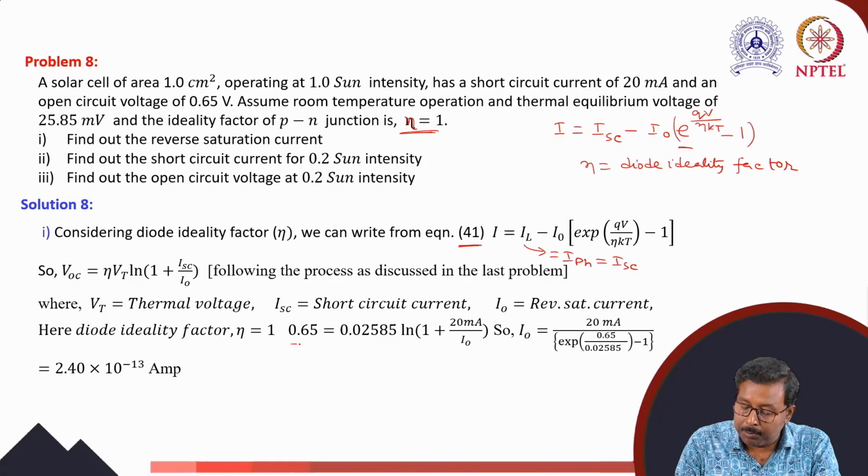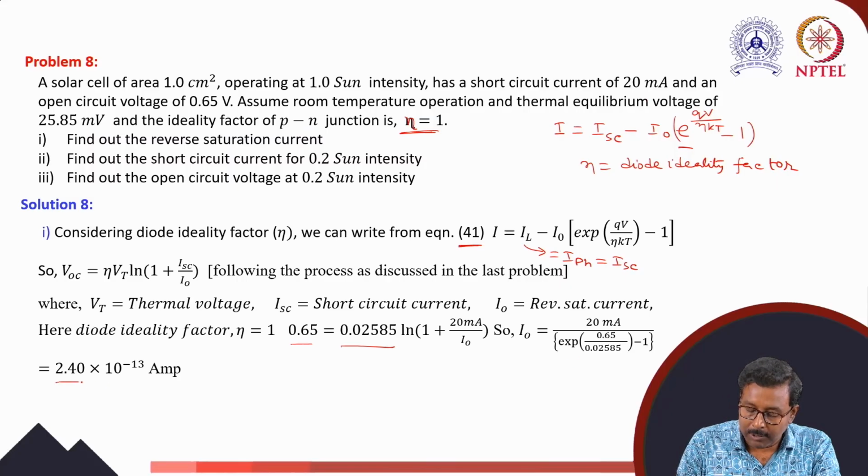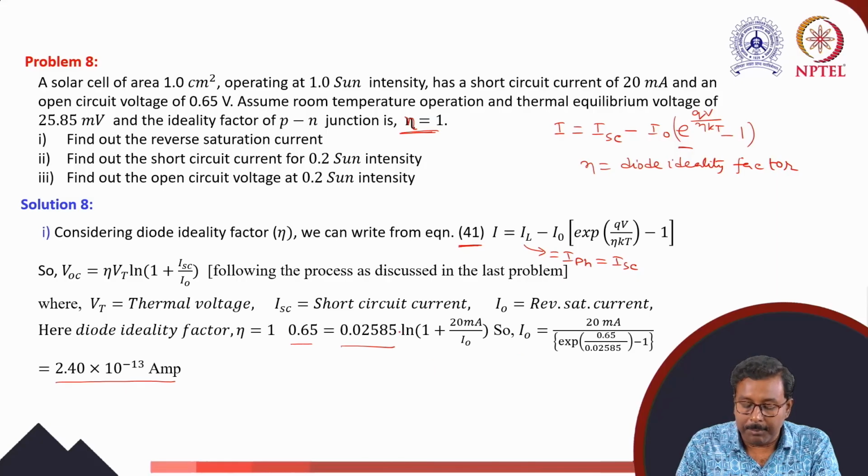So first part you have to do with eta 1. 0.65 volt, VOC is equal to Vt ln 1 plus ISC by I0. ISC is given, I0 can be calculated from this formula. ISC is 20 milliampere. Then you can get the value of I0. This is 2.40 into 10 to the power minus 13 ampere, or 0.24 picoampere. The second part is short circuit current for 0.2 sun intensity. A similar problem we have discussed earlier.